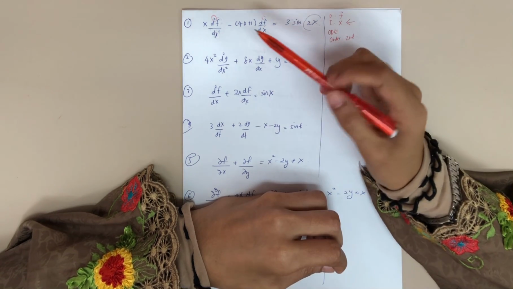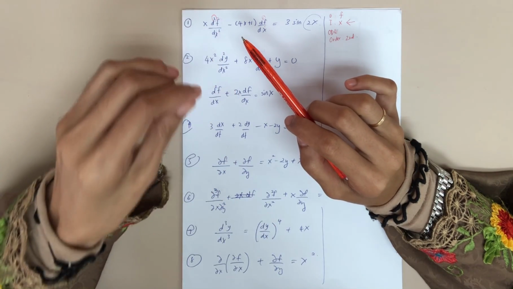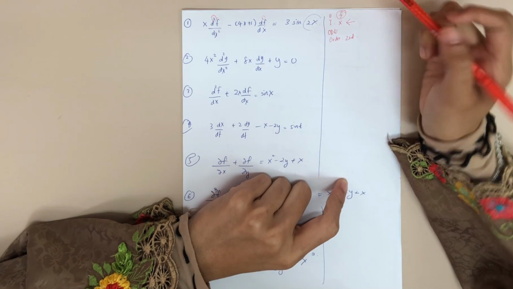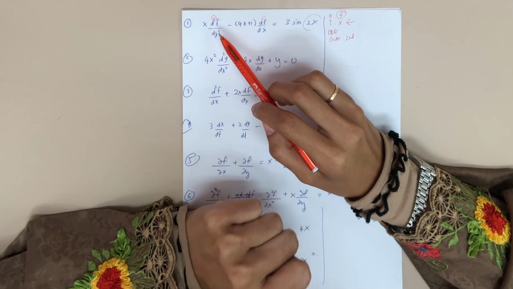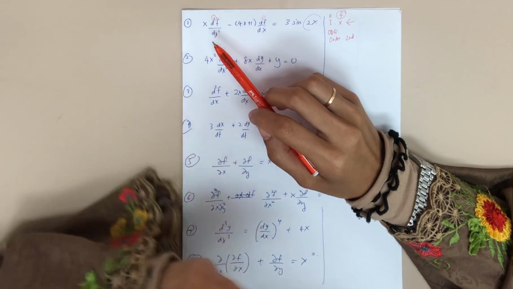First, class, focus on dependent variable only. The first one is that there must not occur a product between dependent variables.